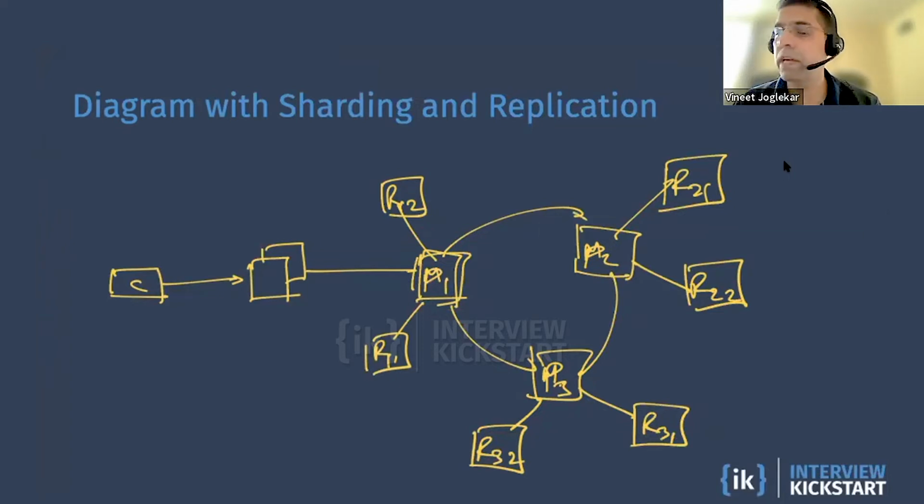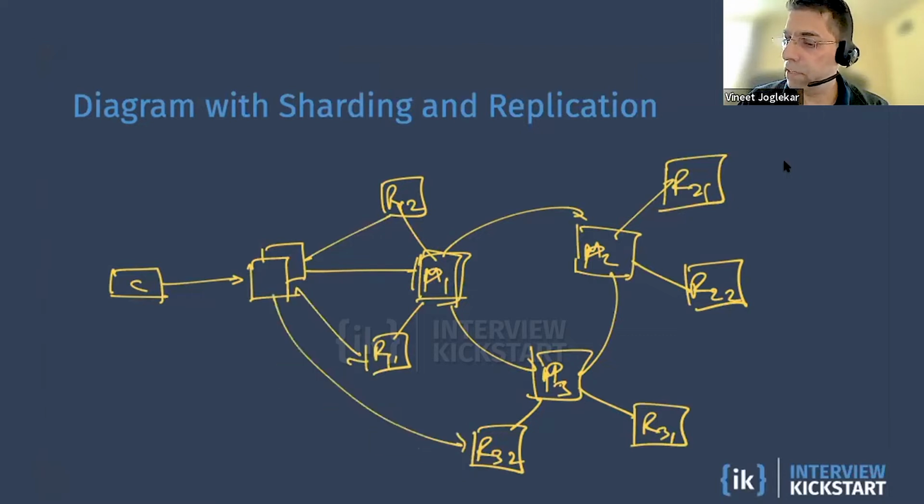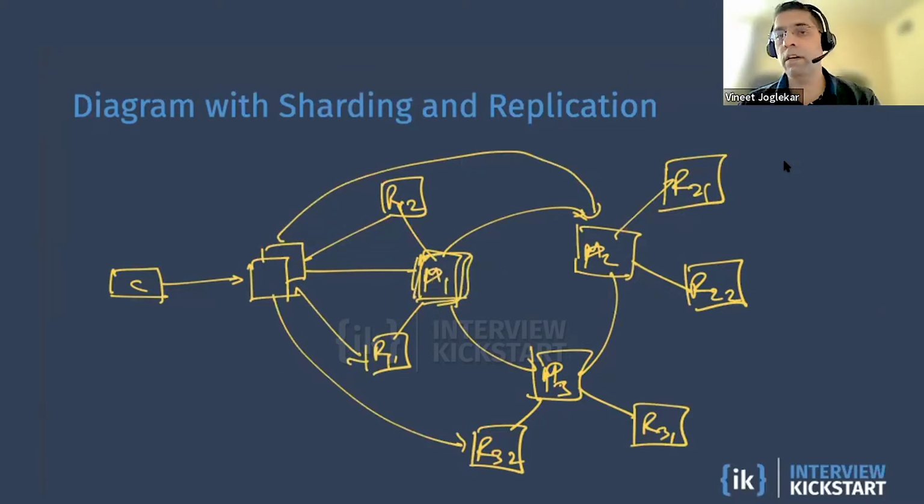So you are combining the sharding and replication here. In this case, if you're using a centralized approach, then your router will need to know where to divert the data. If you don't use a centralized router and go with the decentralized approach, then these individual nodes will need to know where to divert the data.